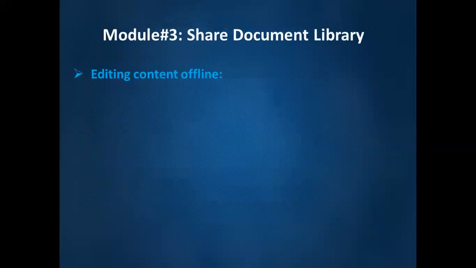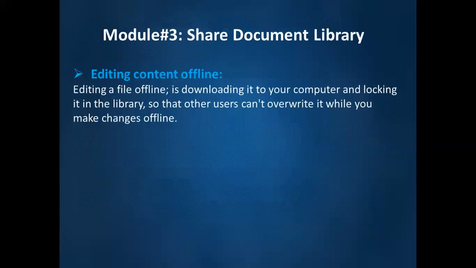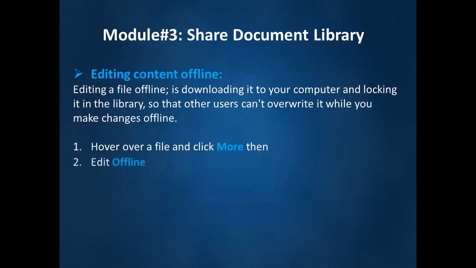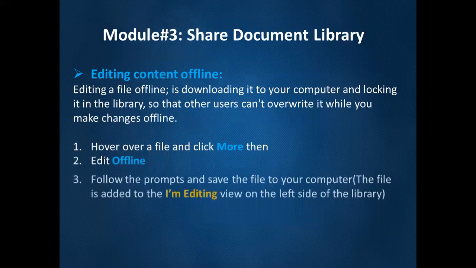Editing a content offline. Editing a file offline is downloading it to your computer and locking it in the library so that other users can't overwrite it while you make changes offline. Hover over a file and click More, then Edit offline.